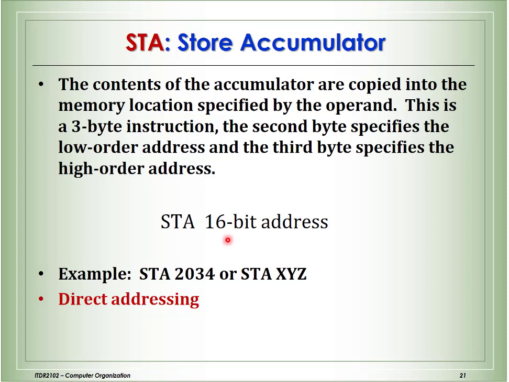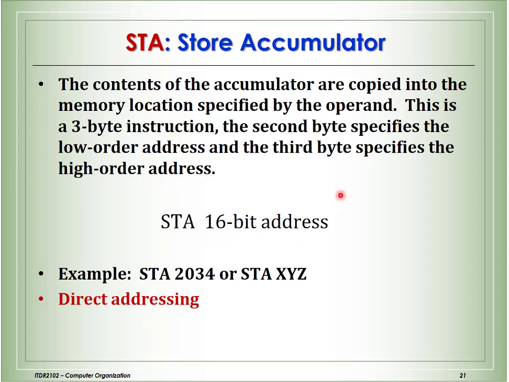And now here you can see it is a 3-byte instruction. One byte is the opcode STA, store accumulator, and the 16-bit address is this one: 8 bits, and then again 8 bits. So first, second, and third.